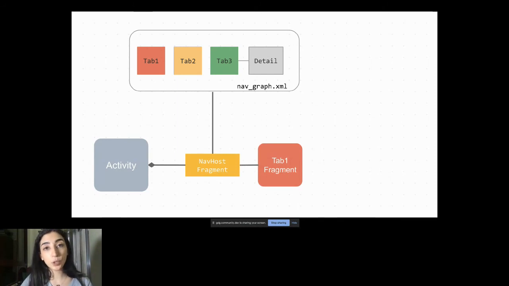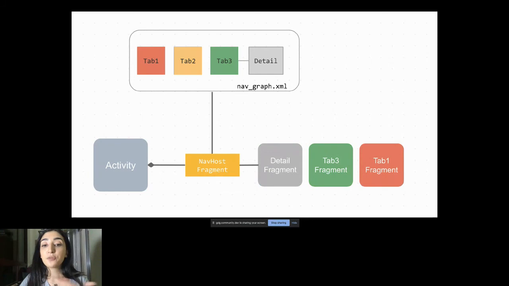And whenever we open the activity, we have our tab 1 that is added to the backstack. We tap on tab 3, and tab 3 is added to the backstack. Tab 1 is behind it. If we open the details fragment, it's added to the backstack. But when we tap on tab 2, actually we will lose both the detail and the tab 3. Why? Because the problem is we don't have multiple backstacks.